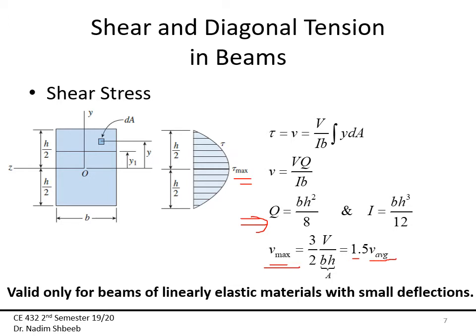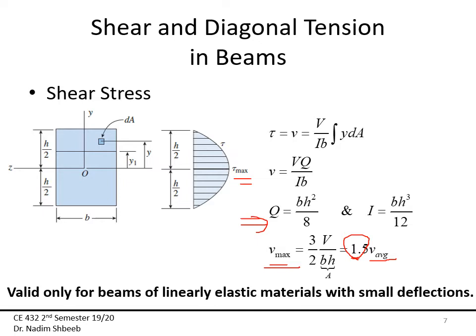I bring that up because we can always relate the maximum shear stress to the average shear stress, which is simply the shear force divided by the area. This factor 1.5 differs based on the cross section I'm using. If I'm using a circular cross section, the factor is going to be something different.